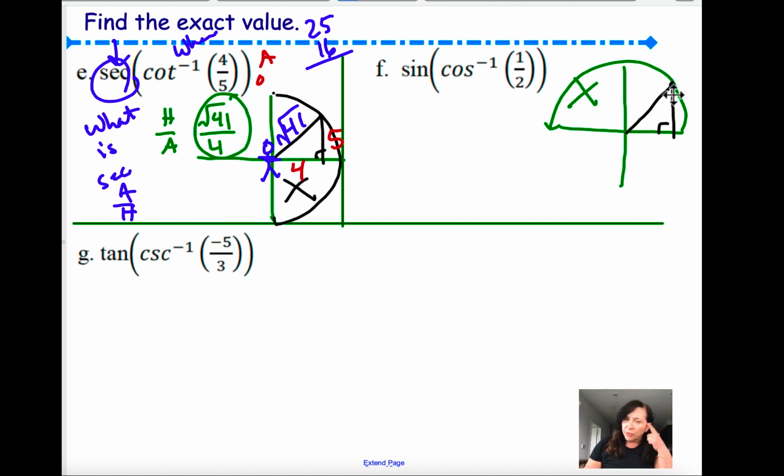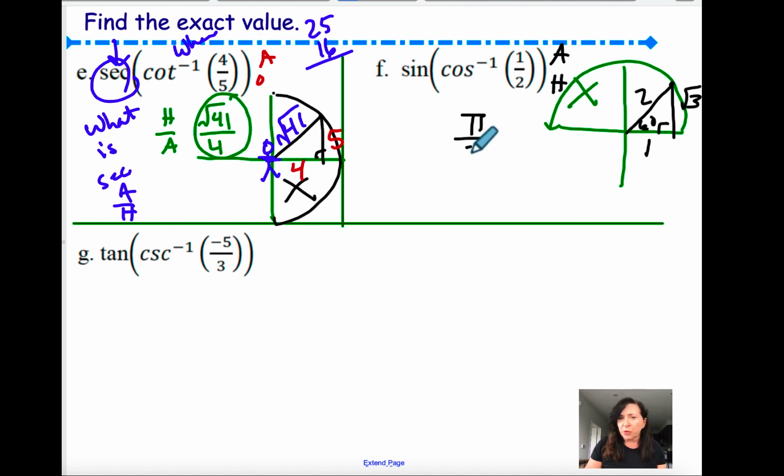Another option to remember what that is: cosine is adjacent over hypotenuse, which means it's 1 over 2, and therefore this side is root 3. And of course, across from the root 3 would be a 60-degree reference. So where am I? I'm at a 60-degree reference. So I'm at pi over 3 or 60 degrees.